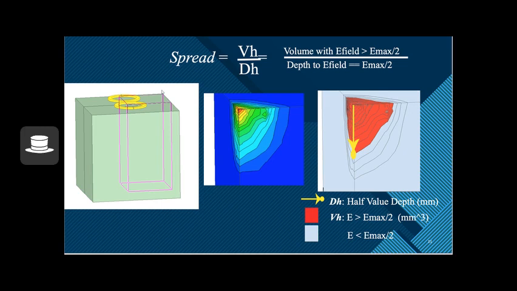The cut portion is the purple prism within the cube. On the right, we shaded everything red that is greater than half the maximum and shaded light blue everything that is less than half the maximum. V half would be the volume that is red, and D half is the length of the yellow arrow. Therefore, the electric field distribution with the best penetrative effect would have the smallest spread.